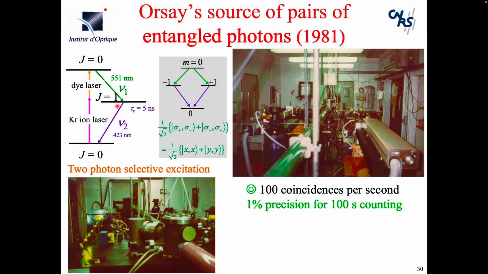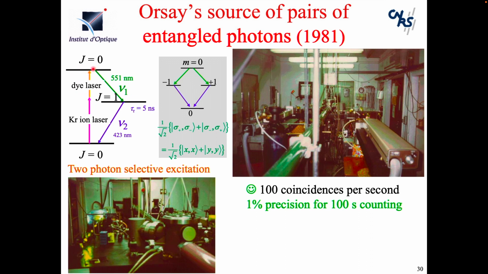These are levels in calcium. These had been identified by Clauser and Freedman. And the point is that Clauser and Freedman could not easily excite that level here. And when I started thinking about that source, there was a fantastic experiment, close to here, by Cagnac, Grynberg, and Biraben about the possibility to use 2 photons to excite directly a state like that.